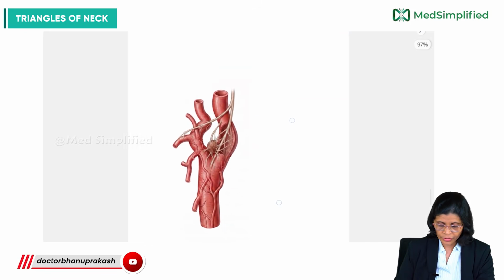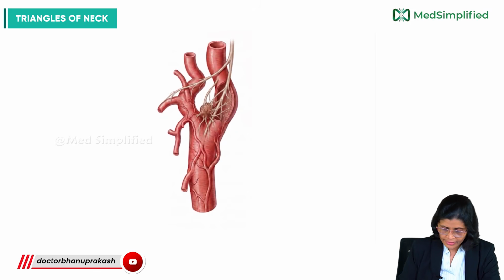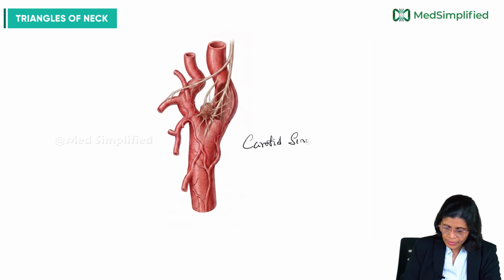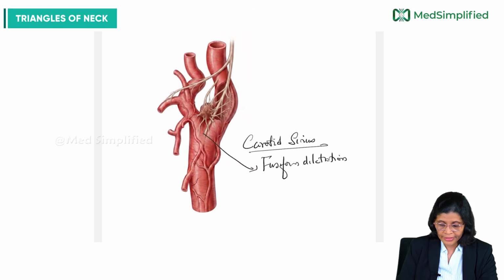There are two structures here which we see. First, let's look at the carotid sinus. The carotid sinus is a fusiform dilatation at the terminal end of the common carotid artery, where the internal carotid artery begins.